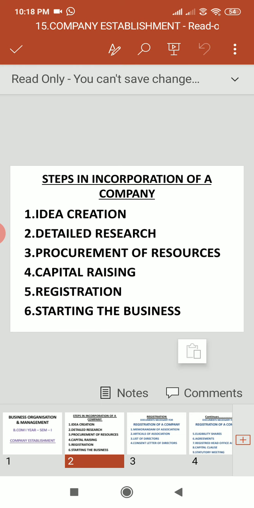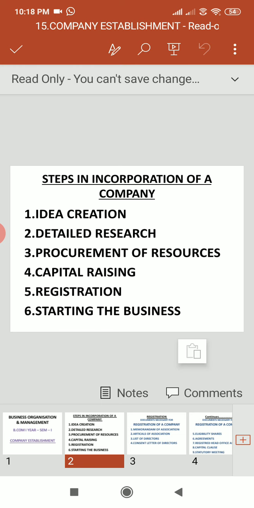Equity capital and debentures, types of shares and debentures, and so on. How much capital is needed, and what are the different parts and components of the capital? These should be the parts of capital raising.